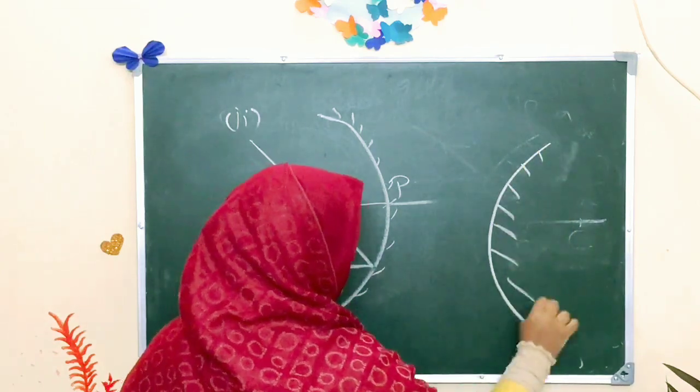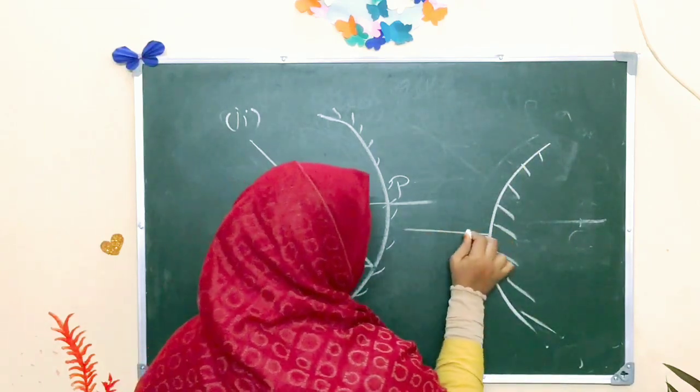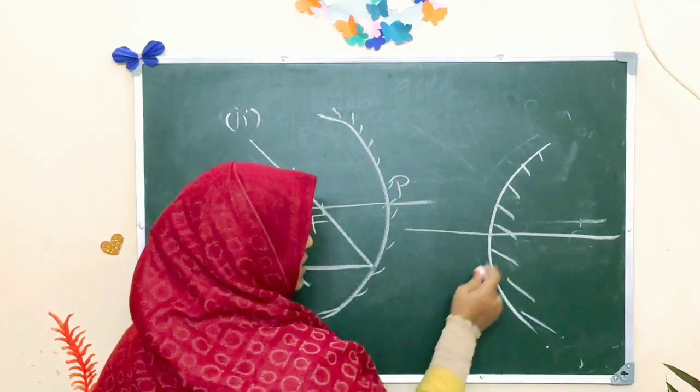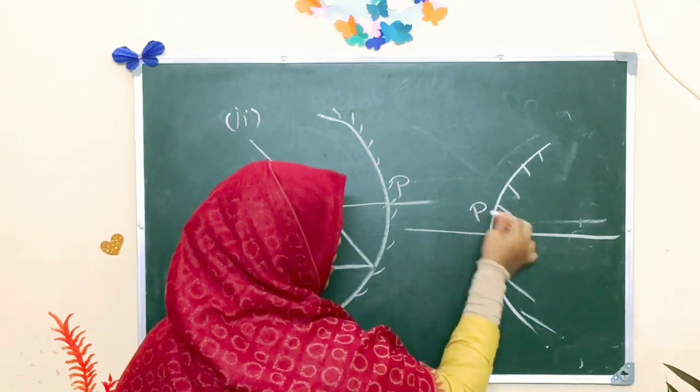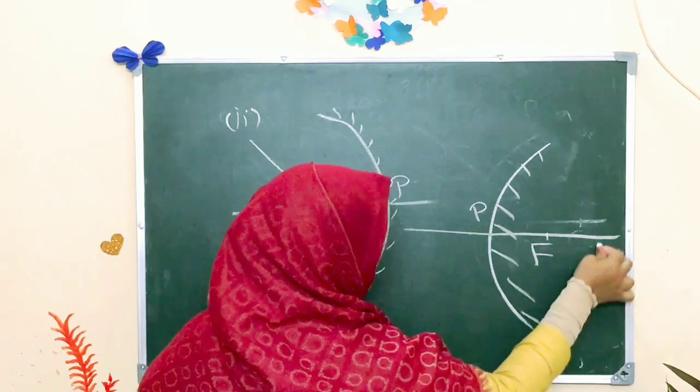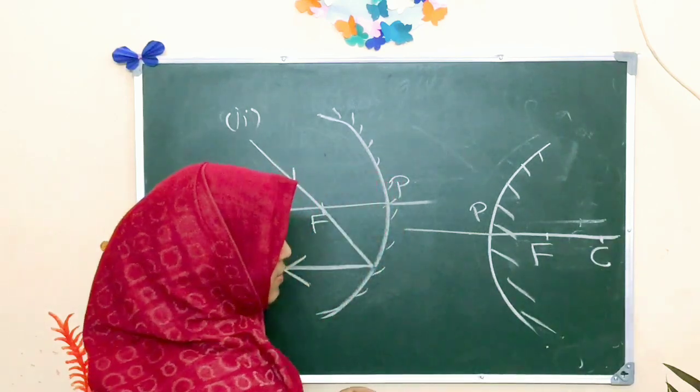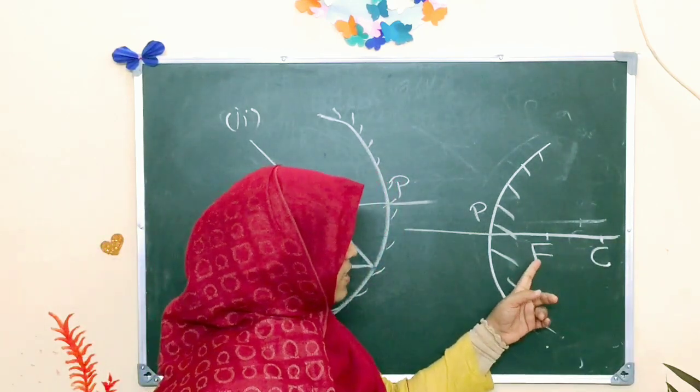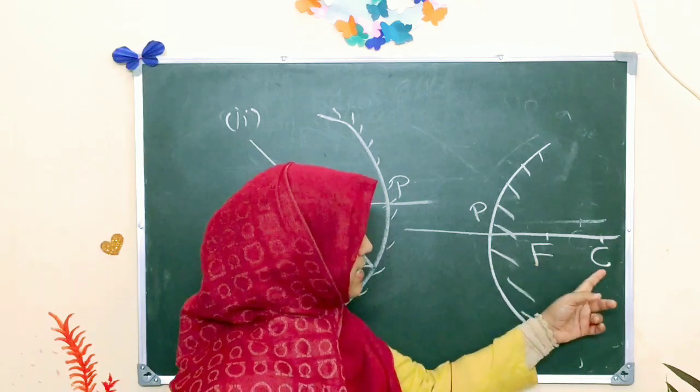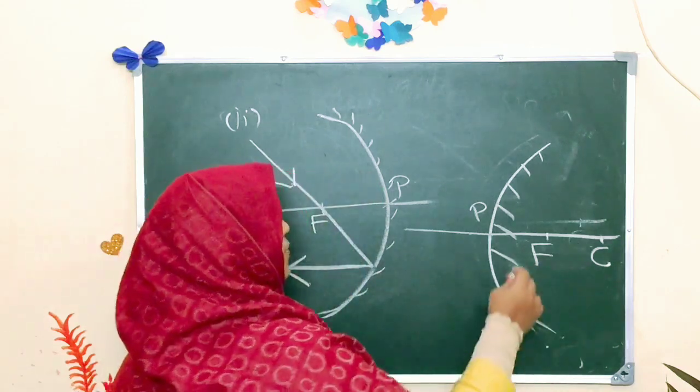Next, in the case of a convex mirror, here again I am drawing the principal axis, pole, focus and center of curvature. F is the principal focus, C is the center of curvature.